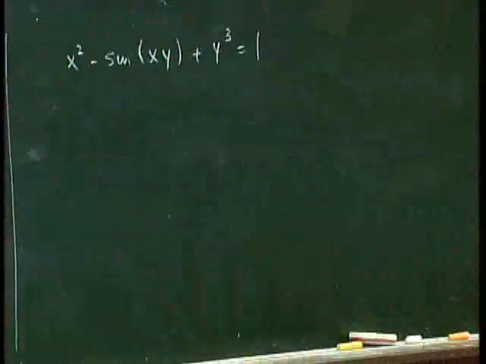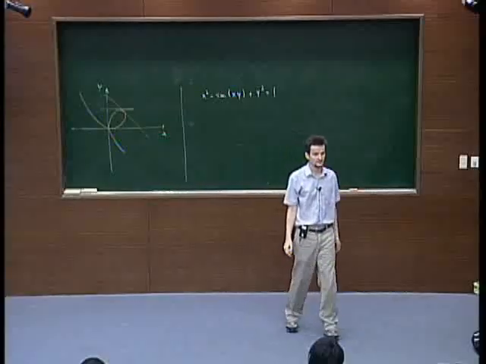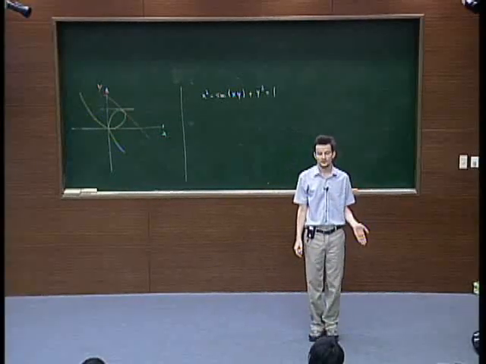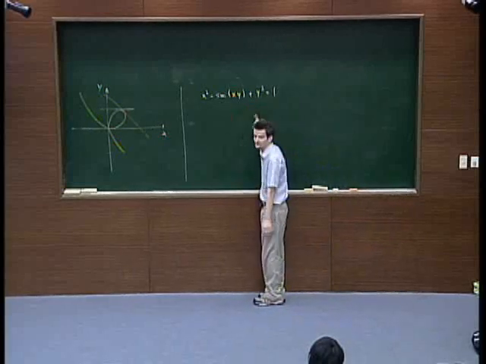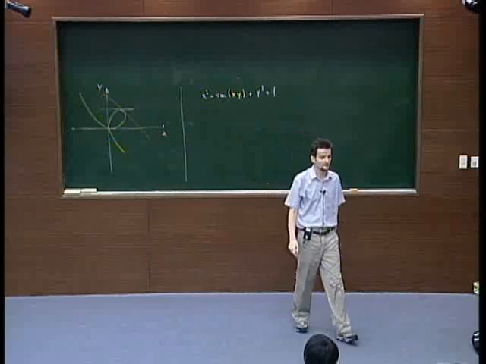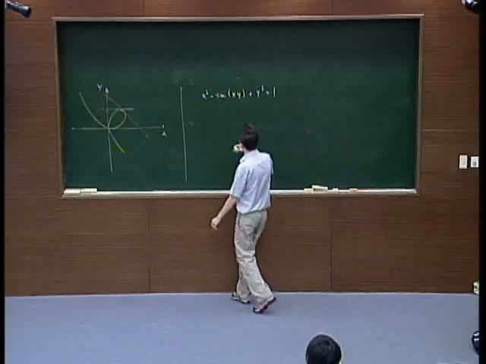Now, for such an expression, it would be complicated to solve for y. Actually, it's not really possible. But we can still assume that there is a function y of x solving this equation, and that the function y of x is differentiable. If we have this assumption, we can easily find again the derivative.